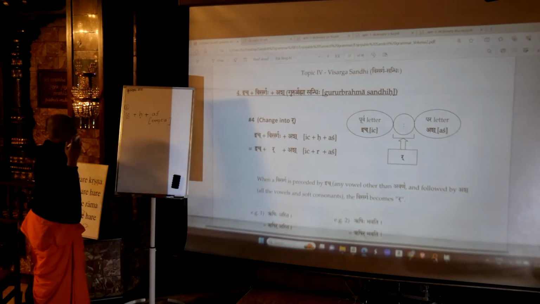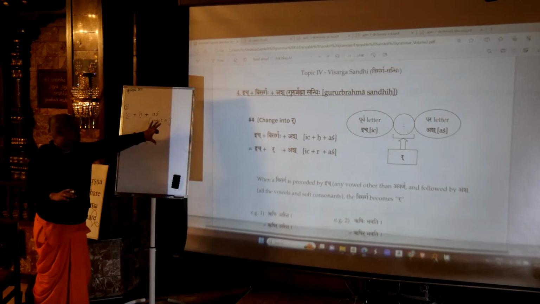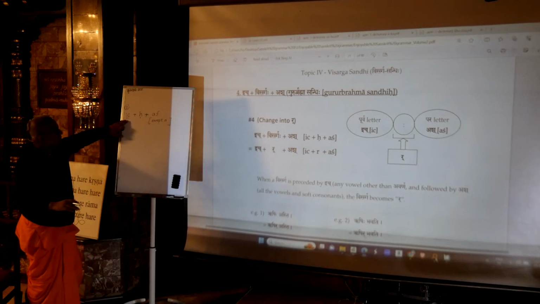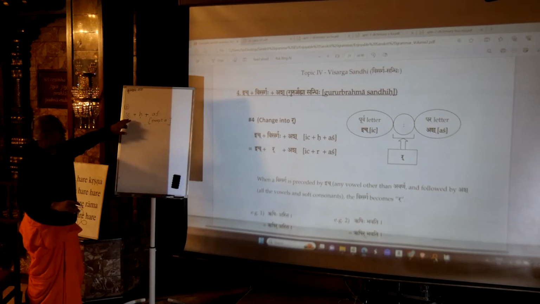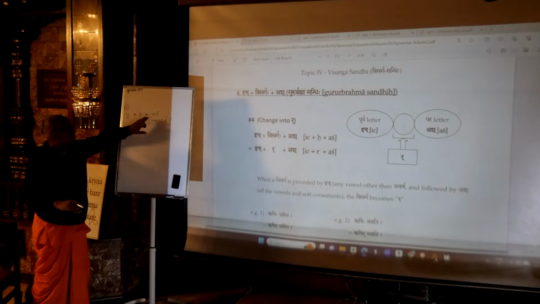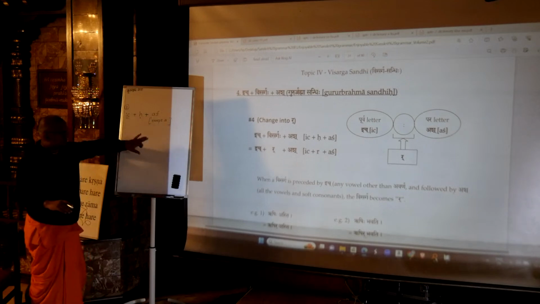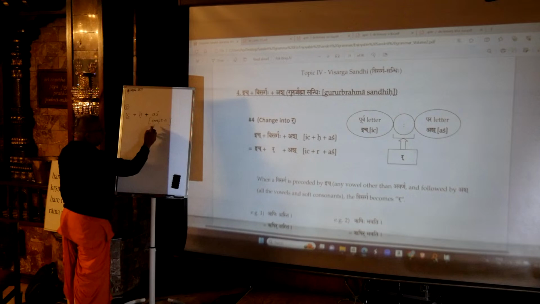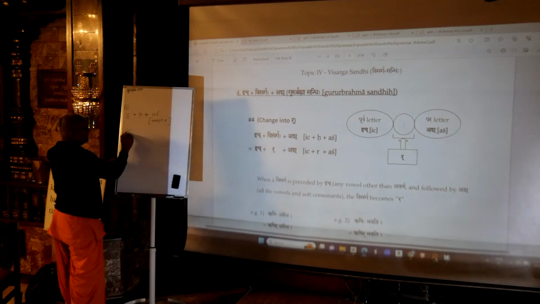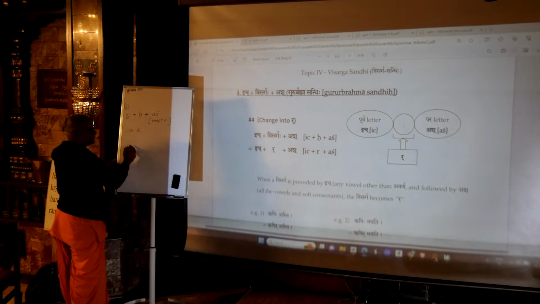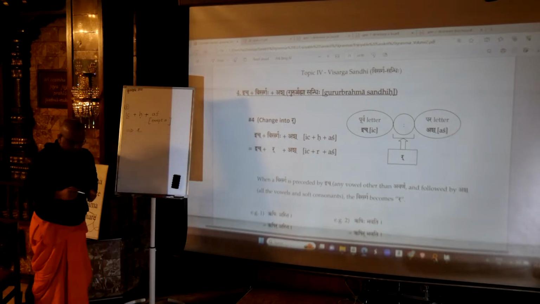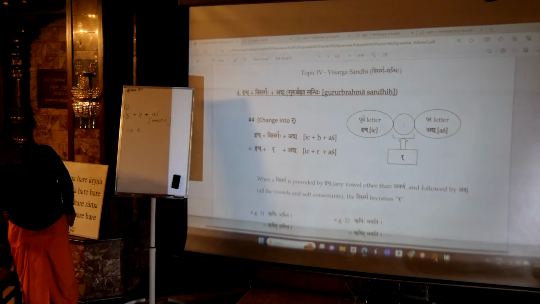So now everything is just one rule: ich, meaning any vowel except akara, plus visarga, plus any vowel except akara and soft consonants, all of them included. So what happens here? The visarga turns into repha. Yeah, this is an interesting one. Visarga turns into repha.